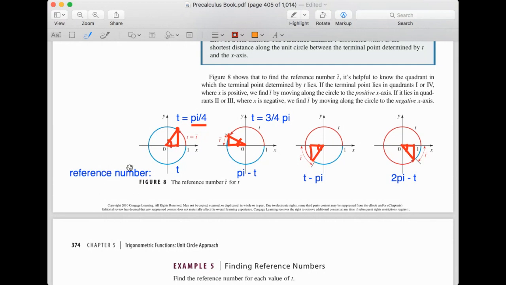We want to use a reference number or reference angle to speak for those angles bigger than 2 pi. So this pi over 4 will speak for pi over 4 plus 2 pi, or pi over 4 plus 4 pi, so on and so forth.